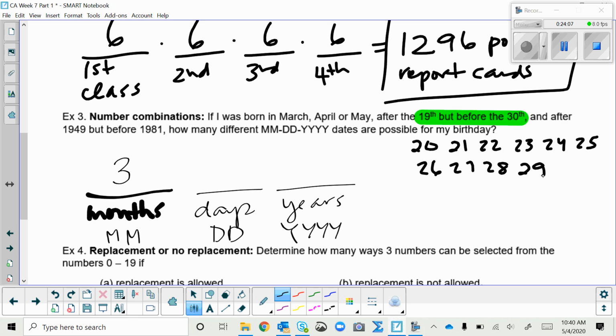It does not include 30. It says, but before the 30th. So how many days is that? It's 1, 2, 3, 4, 5, 6, 7, 8, 9, 10. So there's really only 10 possible days. The pattern here, when you get to other problems like this, is it's 30 minus 19, which is 11, but then you just take off 1.